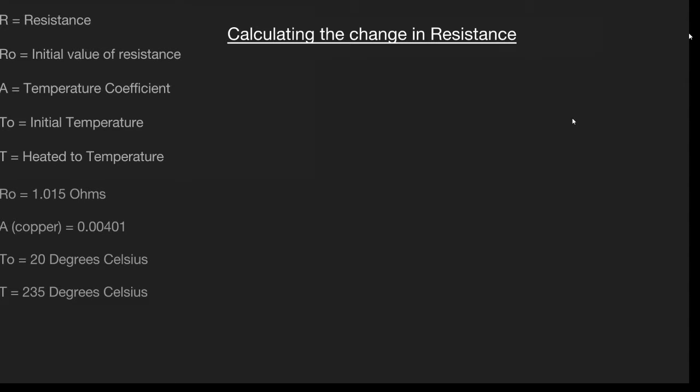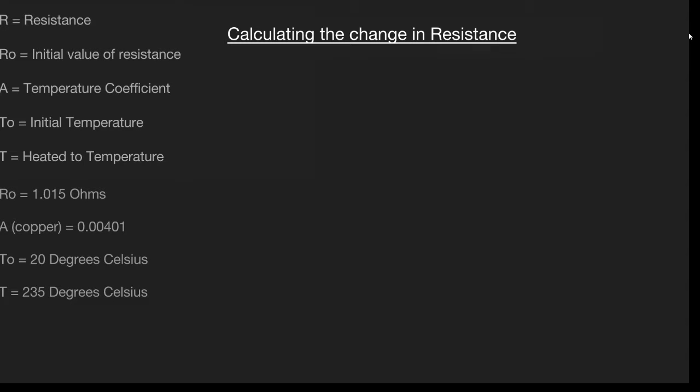So I used copper in this case, and copper is just a very common conductor. I also used 20 degrees Celsius, which is about room temperature, about 70 degrees Fahrenheit.